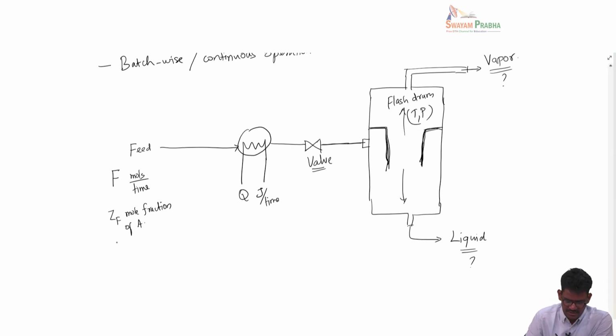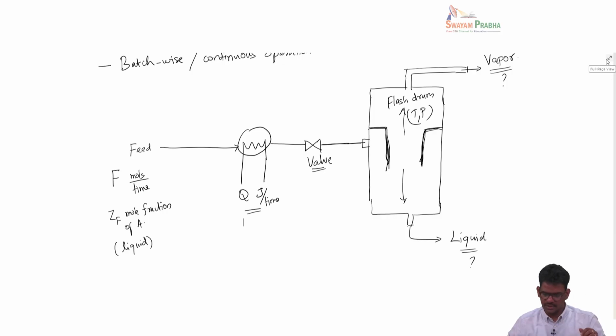Okay, and the feed can be liquid. So some amount of heat is sent here, and on the vapor side, we will say D moles per time, with a composition YD, and this again is for species A. So the molar flow rate of vapor is specified, and the composition of the vapor is also specified.